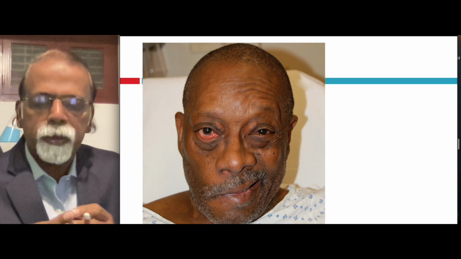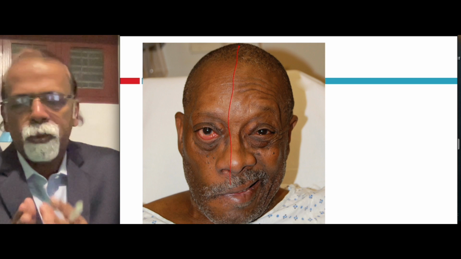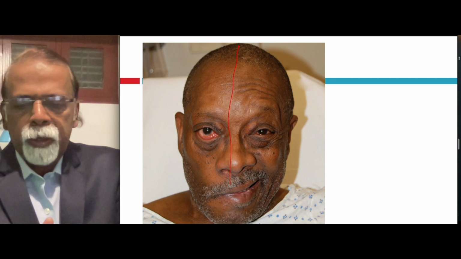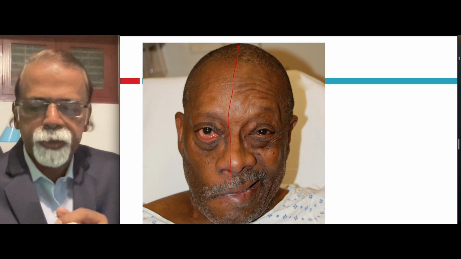Suppose a nerve is cut off. Here is an example of a facial nerve paralysis. The whole half of one side of the face, you can see the patient is unable to close the eyes. The frontal belly of occipitofrontalis is not functioning, so the wrinkling is absent.